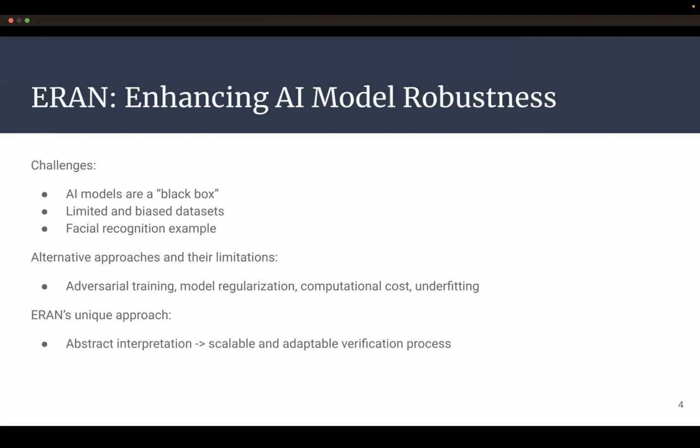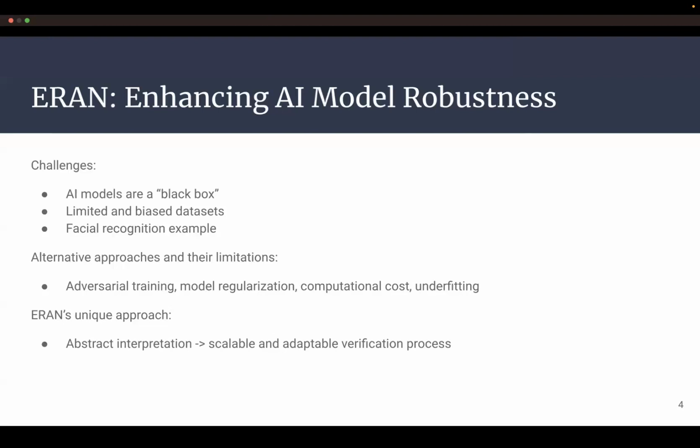So alternative approaches are adversarial training and model regularization, but the limitations of these are pretty big. Often they're super expensive, and there's risks of underfitting associated with them.